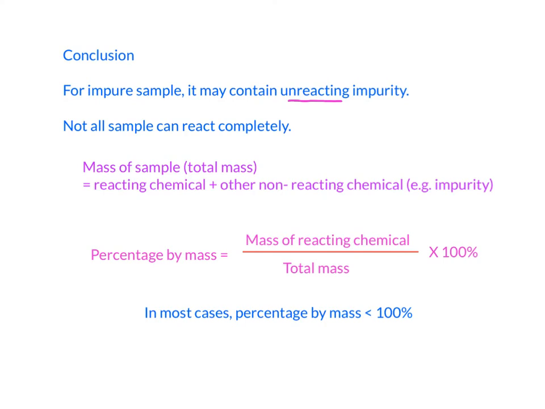So not necessarily all of the sample can react completely, and the actual value of the product will be less than the theoretical value. So we find out how much of the sample is really the reacting chemical inside the sample mass. We have a term called percentage by mass: the mass of the reacting chemicals over the total mass, times 100%. Normally the percentage by mass will be less than 100%.